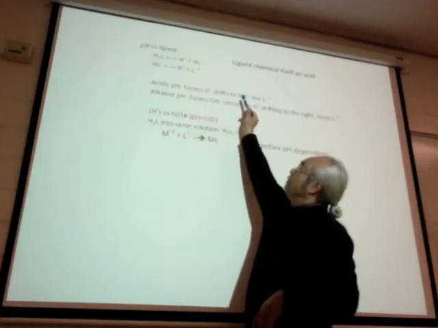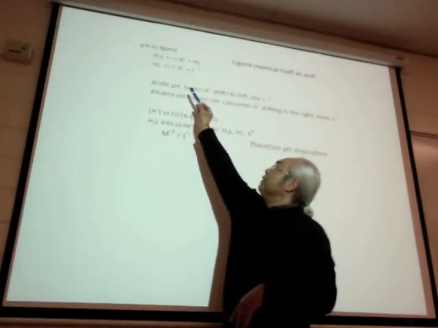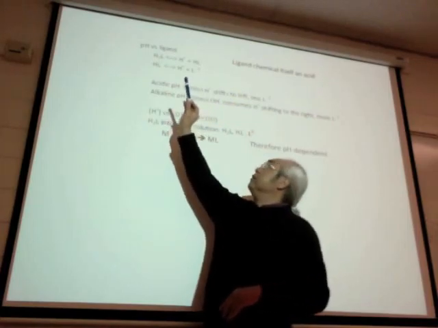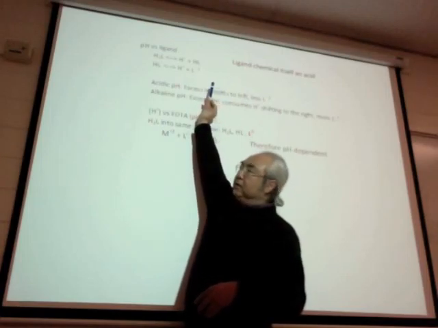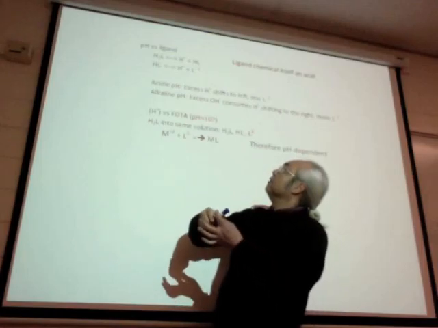Then the acid will push the equilibrium to the left, right? Because the original chemicals, they are acid, and therefore they will not ionize to give you the L, because of the proton in solution push it back.